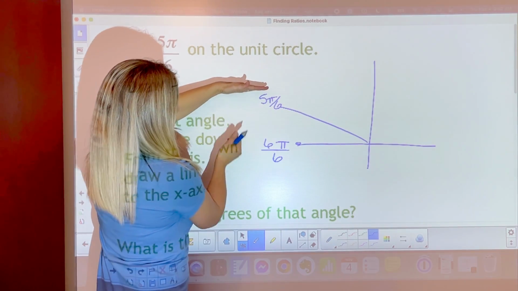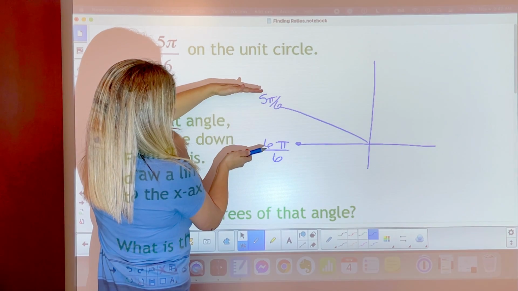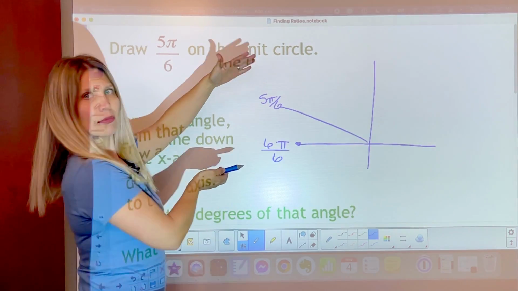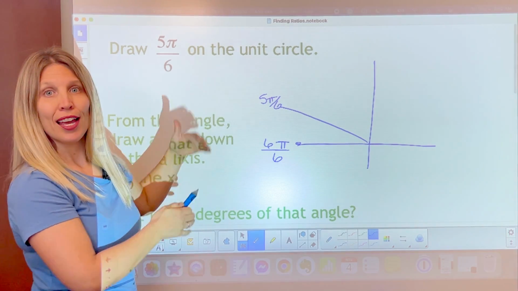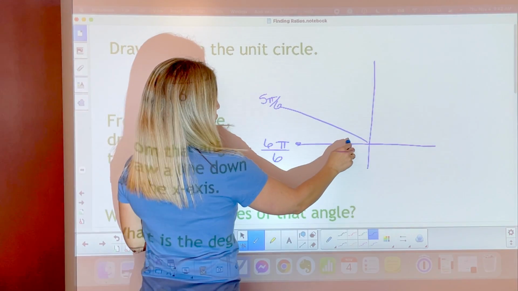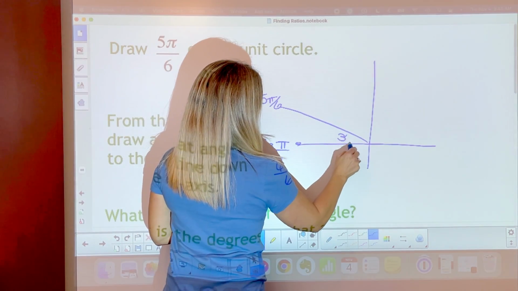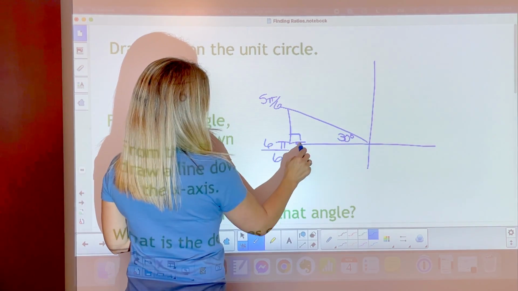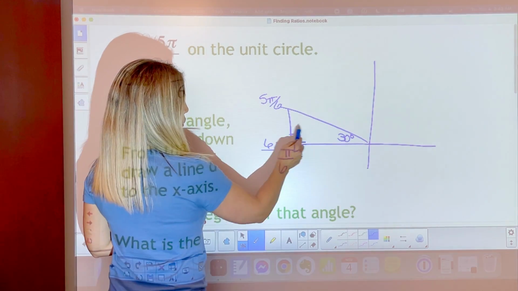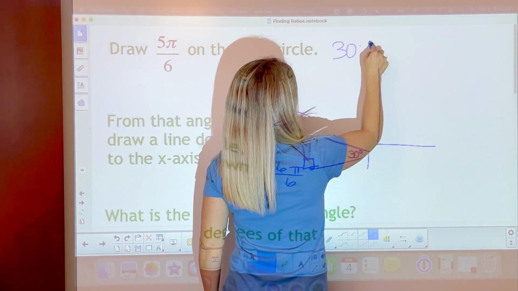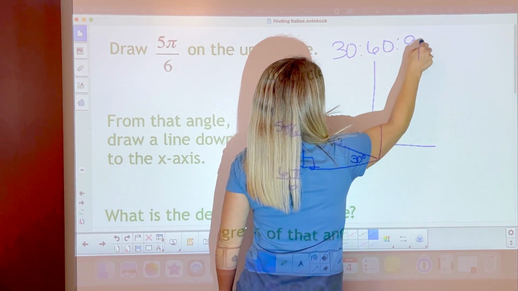So the difference between 5 pi over 6 and 6 pi over 6 is just what? Yeah, pi over 6. And your pi over 6 family is which degrees in the corner? That's right, this is your 30 degrees mark. So we're going to do a straight line down to create that right angle. This is our 30 degrees, makes this 90, which tells me we're doing a 30, 60, 90 ratio.